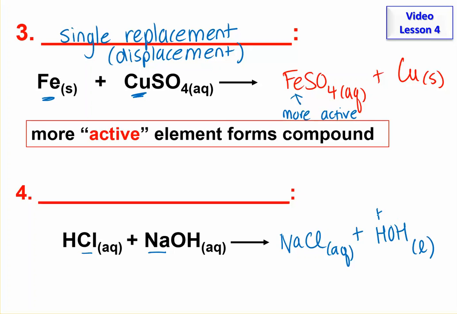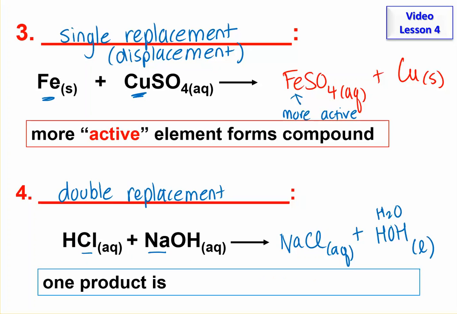Okay, and this is just a funny way of writing H2O, water. We do that sometimes, so it's not just me making it up. Okay, so do you see how this might be called double replacement? Because both of them switch, both ions switch.